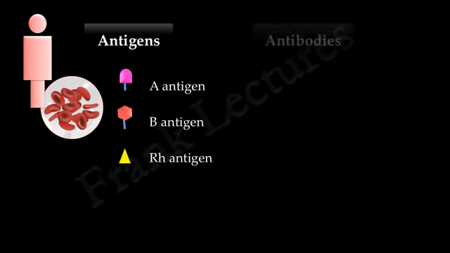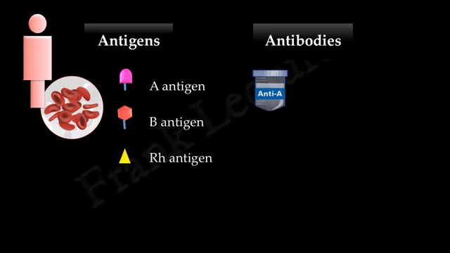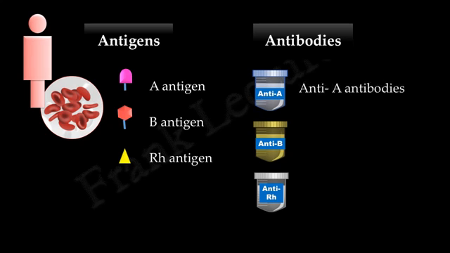Next, we will need antibodies specific to these red blood cell antigens. So, here we have 3 reagents labeled anti-A, anti-B and anti-Rh. Reagent labeled anti-A contain antibodies against A antigens. Similarly, anti-B reagent contain antibodies against B antigens. Reagent labeled anti-Rh contain antibodies against Rh antigen.